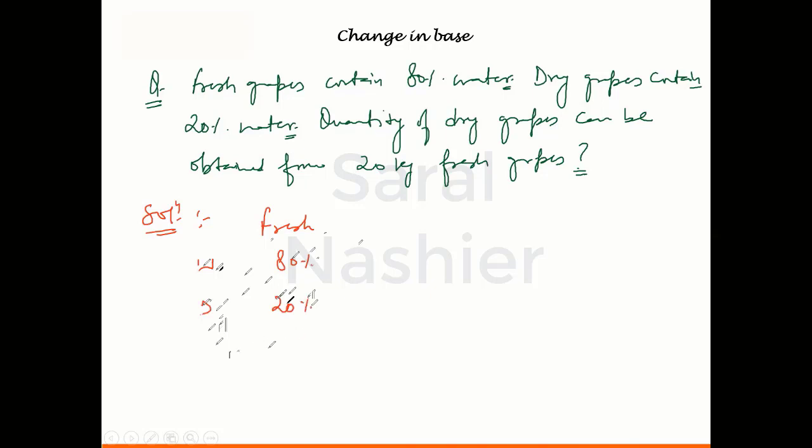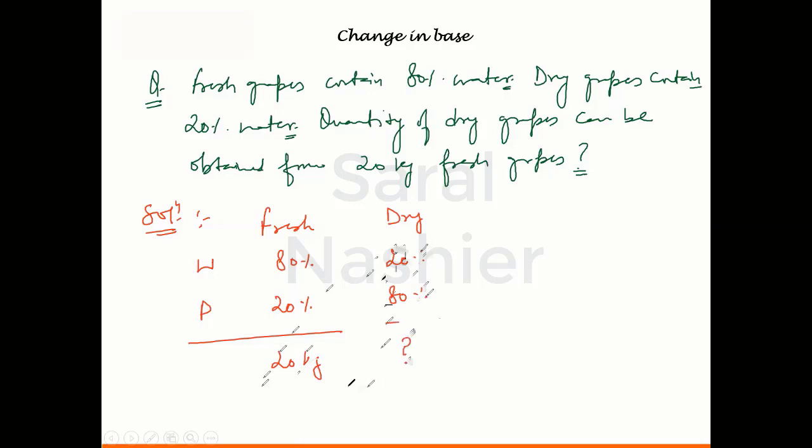Let's call it pulp, I'm representing it by P. The total quantity of fresh grapes is given to us as 20 kg. Also, look at dry grapes. In case of dry grapes, the percentage of water is 20%, so automatically the percentage of pulp is 80%. Now, what is the quantity of dry grapes that can be obtained? This is exactly what the question is asking me. So how can I solve this question now?